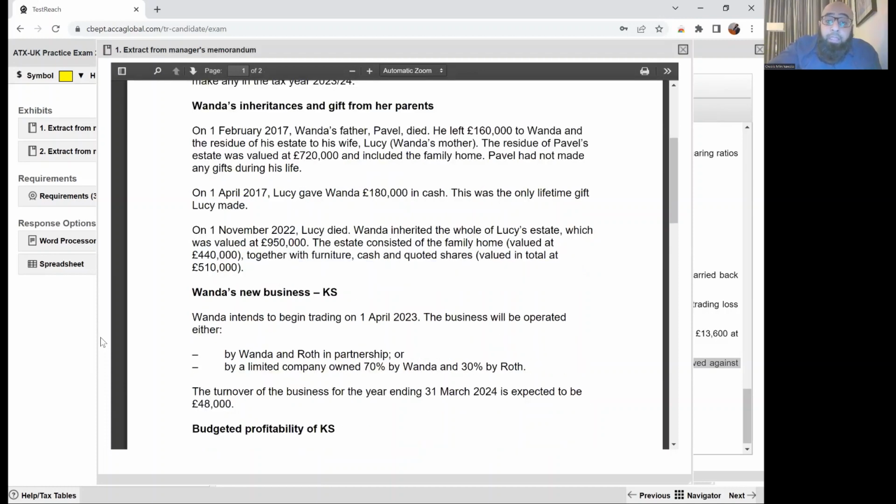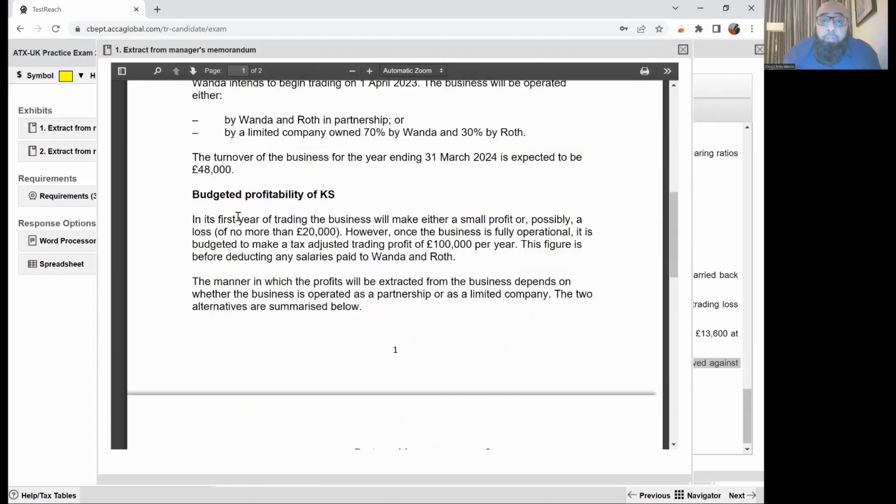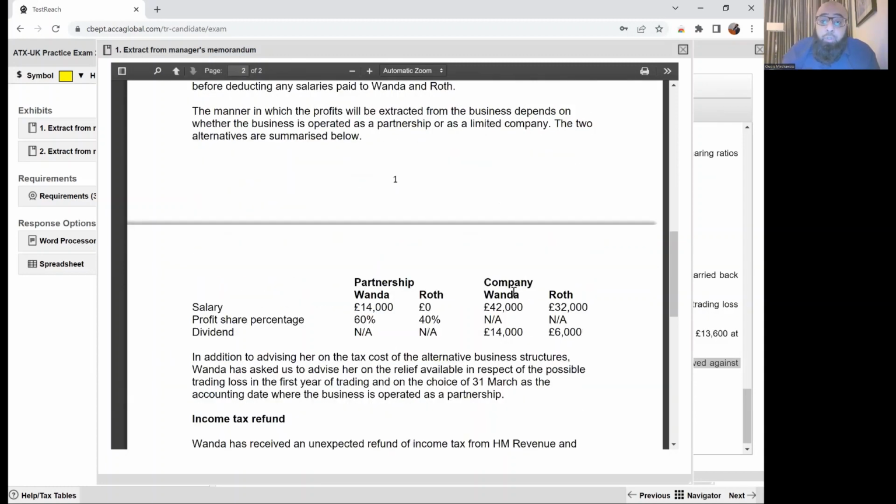So if it's a loss of 20,000, you can only carry it forward against your future total incomes.